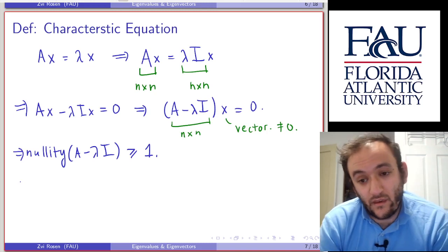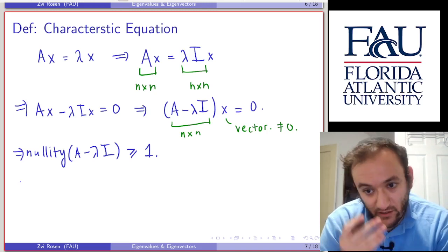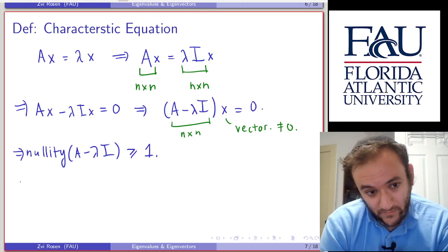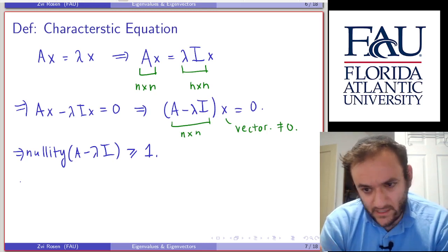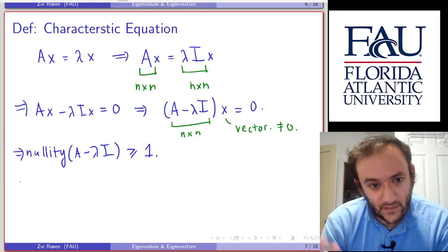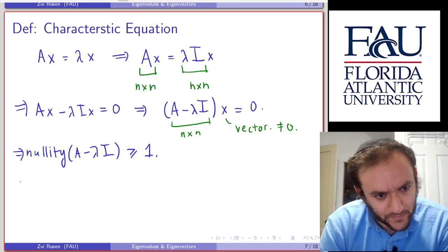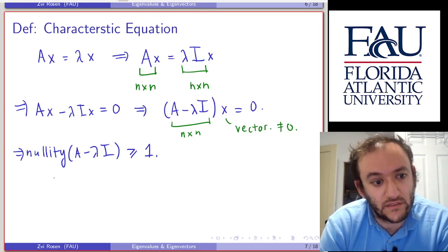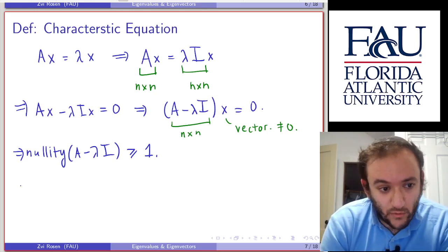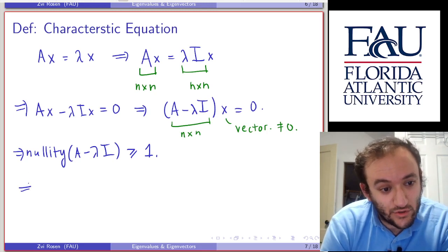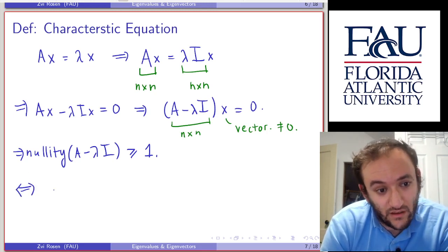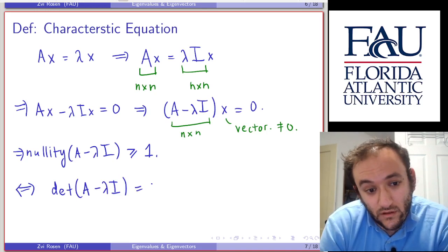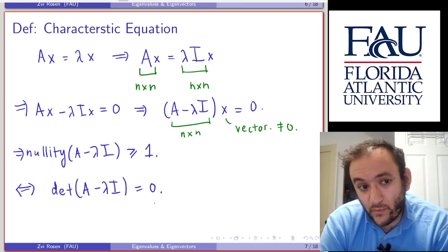Okay. And that means a bunch of things. There are a lot of equivalent statements to the statement that a certain matrix has nullity, or has a non-trivial null space. But one of the equivalent ways to say that is that this is true if and only if the determinant of the matrix A minus lambda I is equal to 0.